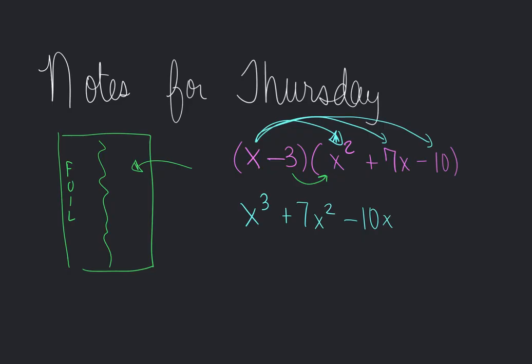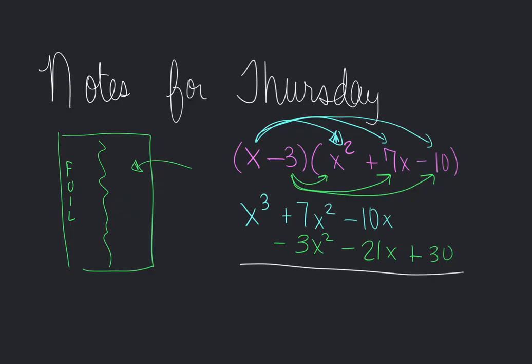If I start writing this horizontal, I could end up with a huge long line of stuff, but also these guys are going to combine with these guys, and it's going to be so much easier to find like terms if you don't write it sideways. So I'm going to write my negative 3x squared under the like term, multiply these. I'm going to write my negative 21x under that like term, and multiply there, and I get positive 30.